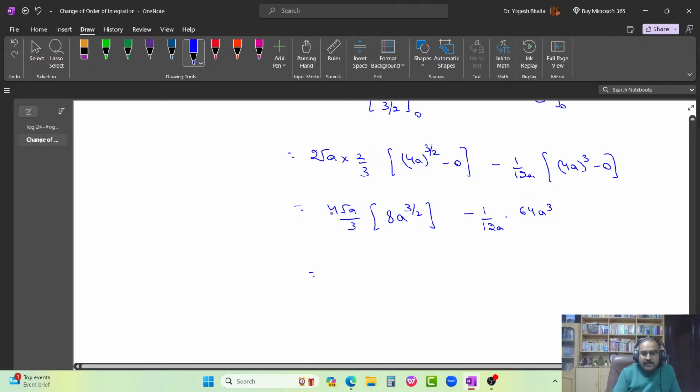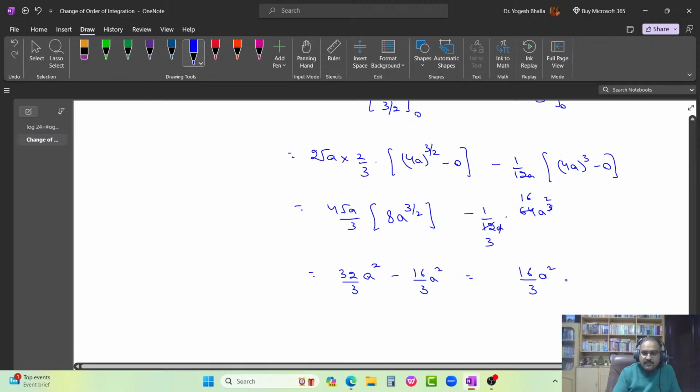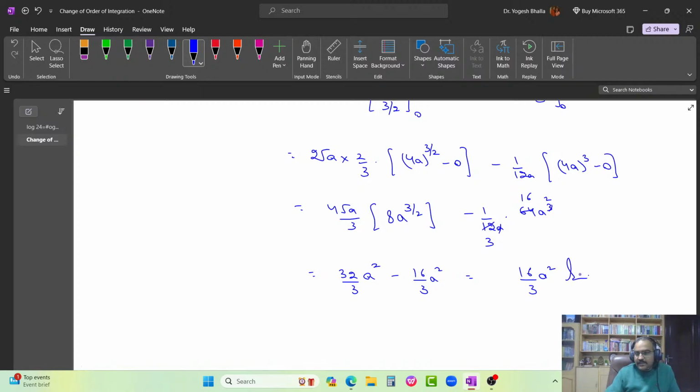Now it will be 8 4s are 32 by 3, a raised to 3 by 2 and 1 by 2, so it will be a square, minus this one, a and a cancel, a square. Now 4 3s are 12, 4 16s are 64, so 16 by 3 a square. So if I solve it, 32 minus 16, 16 by 3 a square is the required answer for this question. Hope it's clear to everyone.